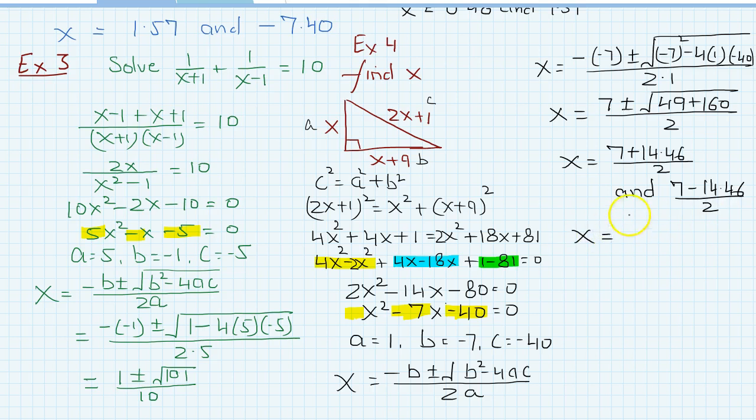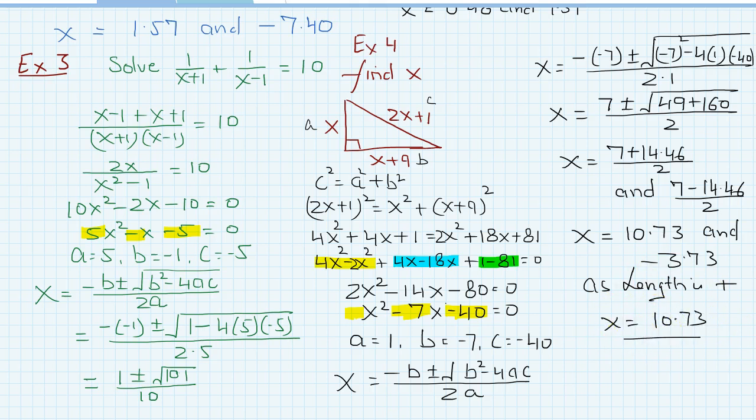So the value of x will be 10.73 and minus 3.73. As length is positive, so x will be 10.73. So that is the answer for that.